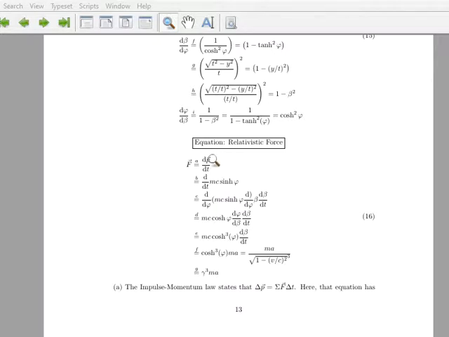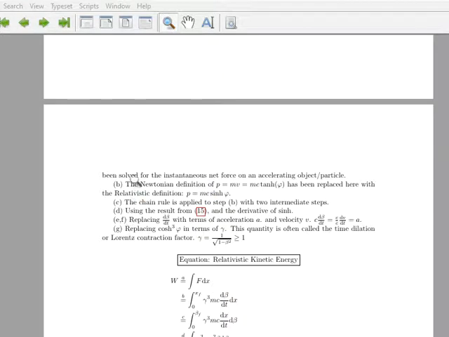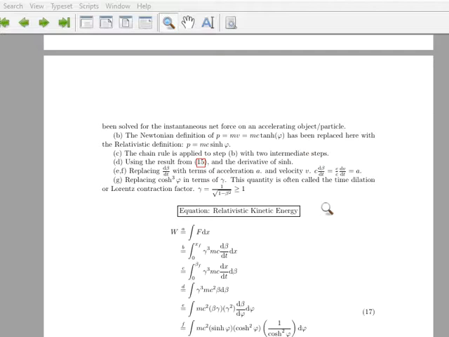We plug in our equation for momentum, mc sinh phi, and do the derivative, and at some point in here we're applying that d phi d beta that we just calculated, which took a lot of work to find, but now that we've got it, we can stick in that it is cosh squared, and this leads us to a cosh cubed, and that gives us gamma cubed times mass times acceleration. Then I have some description of exactly how each step is done.